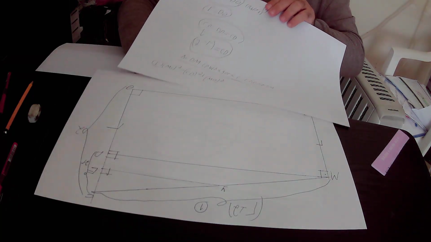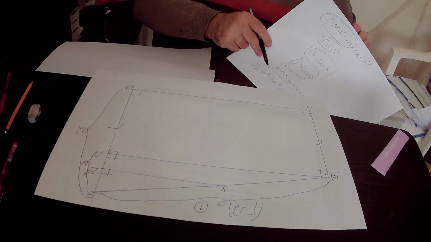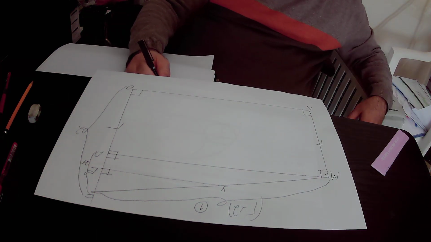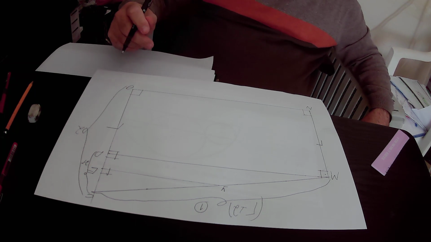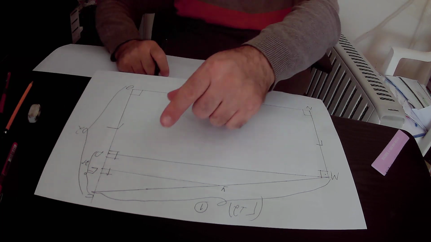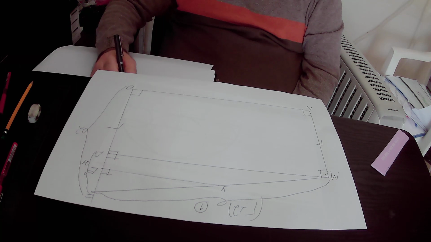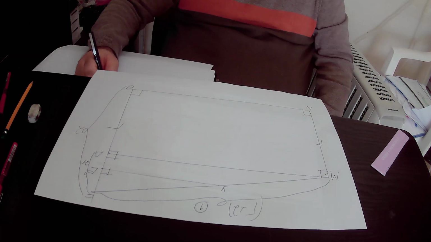We have already found that MC equals R plus 2, so MC squared equals (R plus 2) squared. And it equals CD squared. CD equals 2 minus R, so CD squared equals (2 minus R) squared, plus MD squared.